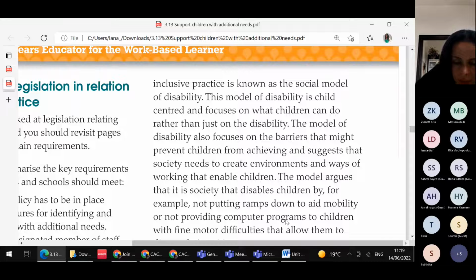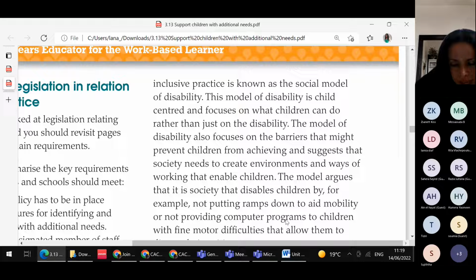We focus on what the child wants, what the child needs, and what the barriers are in front of this child, which prevent them from achieving what they would like to achieve, and then we work on it. There is a society surrounding this child, the environment, the way we work with the child. All this will enable the child to live normally.